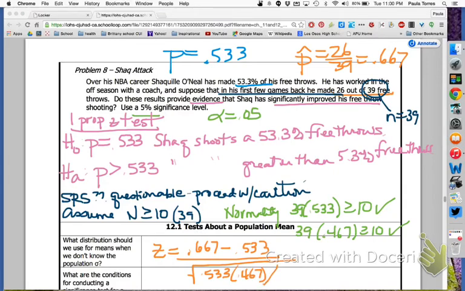So you'll have to remember for the proportions, it's always about what goes inside the standard deviation and what we use for the normality check, because they always match. So for a z-test, it's the p-naught for both, and for a z-interval, it's p-hat for both. And I always think that's a pretty good way to remember.